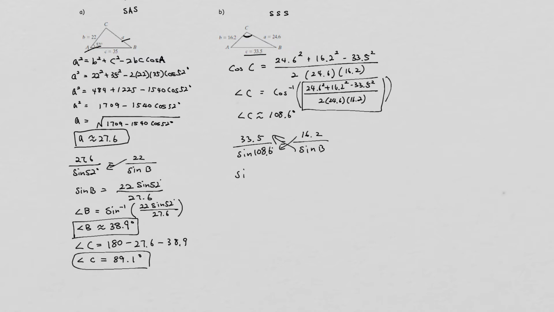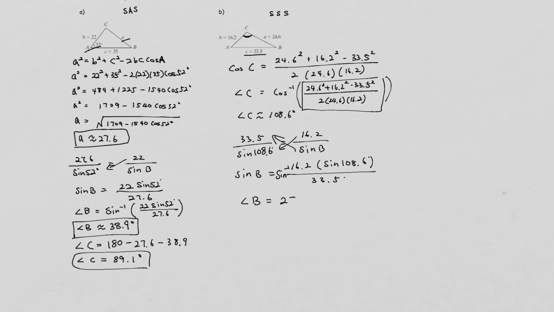That will give you sine B. So 16.2 times sine 108.6 degrees over 33.5. Because we're looking for the angle, we'll do sine inverse of that.